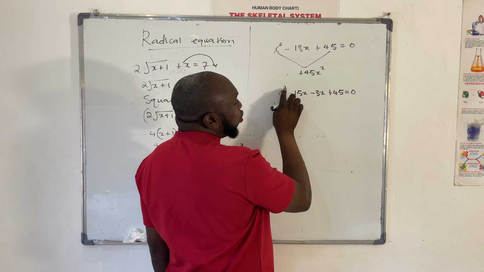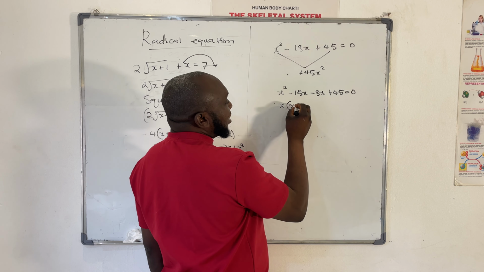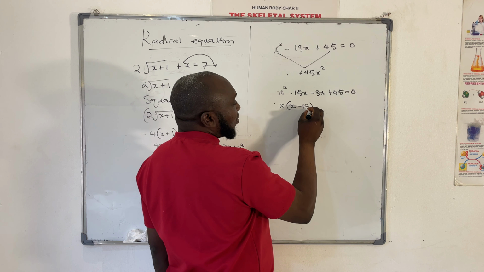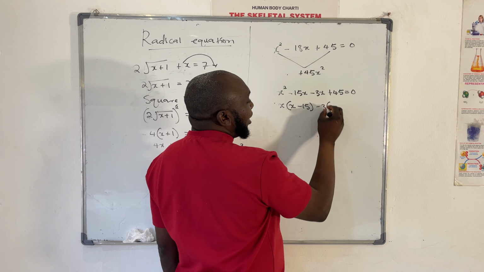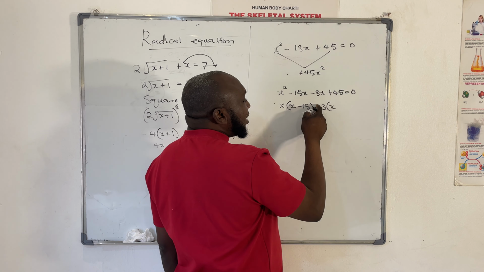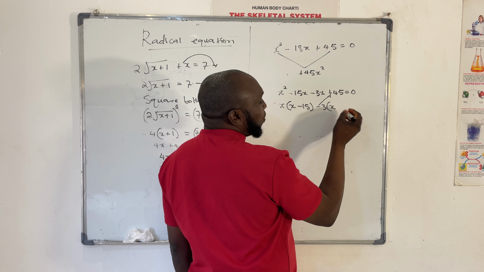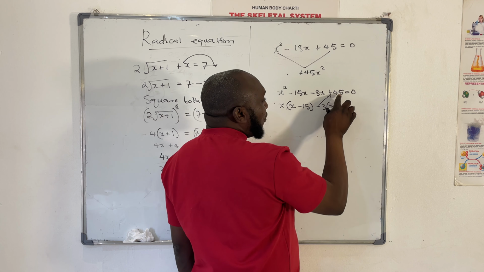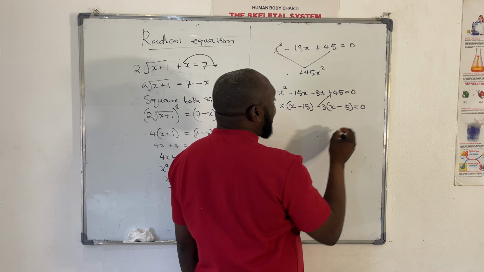So factor this out. The factors of s squared and minus 15s is s into the bracket of s minus 15. The factors of minus 3s and 45 is minus 3 into the bracket of s minus 15. Use the minus sign here to multiply by this plus. Minus times plus gives us minus. 45 divided by 3 is 15. We have this equals 0.